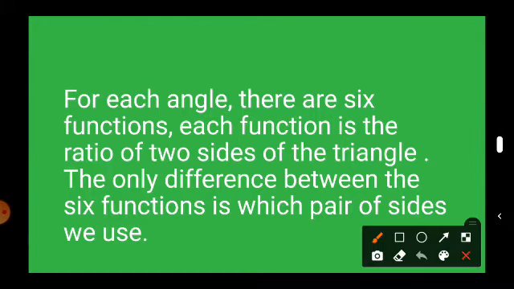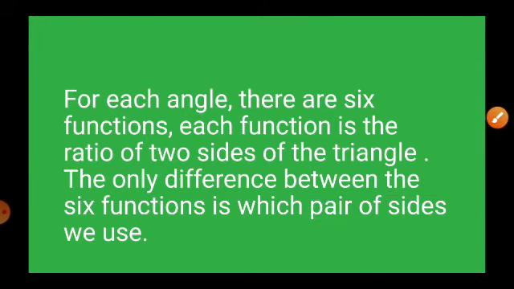So that is how they differ from each other.